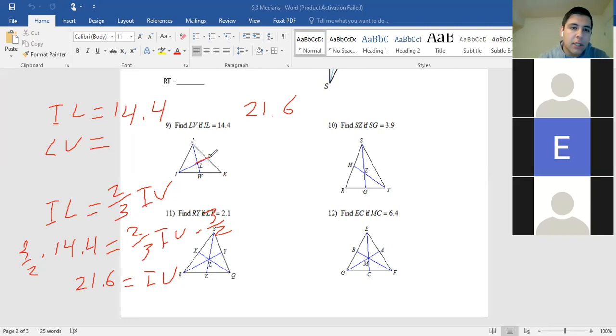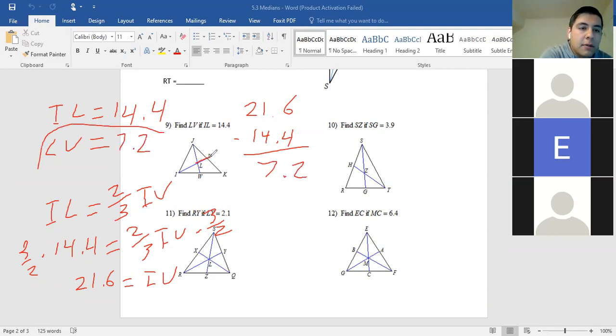And we know that the bigger part is 14.4. So how do we find the smaller part? Subtract it. We're gonna subtract that, yeah, minus 14.4. L to V is 7.2.